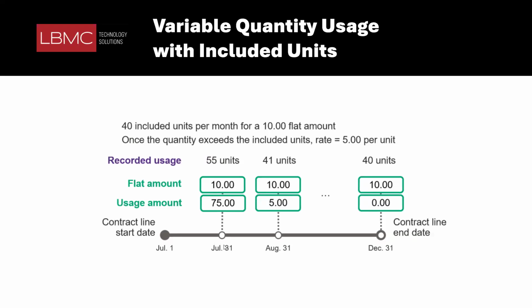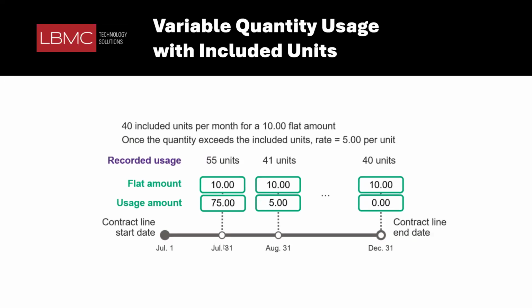Anything that goes over 40, we're being charged $5 per unit. So in July, I've got 55 units that we used. We're getting billed a flat $10 to cover those first 40, and then we have an additional 15 that gets billed out.